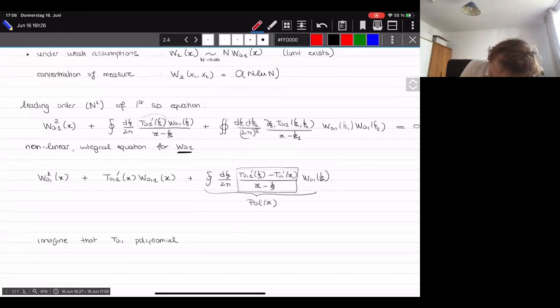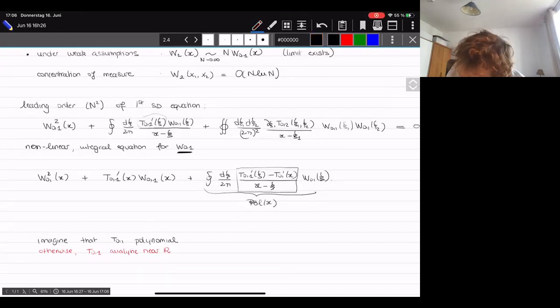If this is not the case, I say that I want to assume that the T's are analytic near R. And I'm just going to call it P, at least it's analytic when X approaches R. Which was not true here, because X here must be outside the contour for the way I define things.